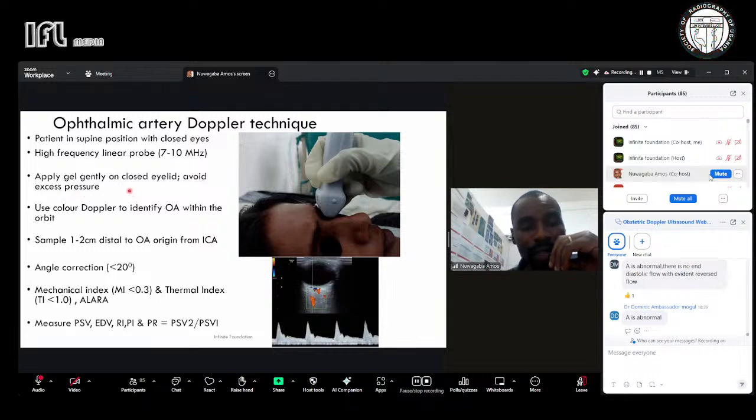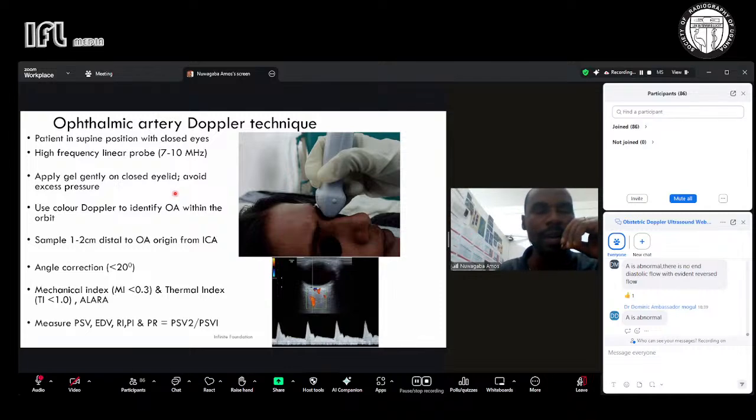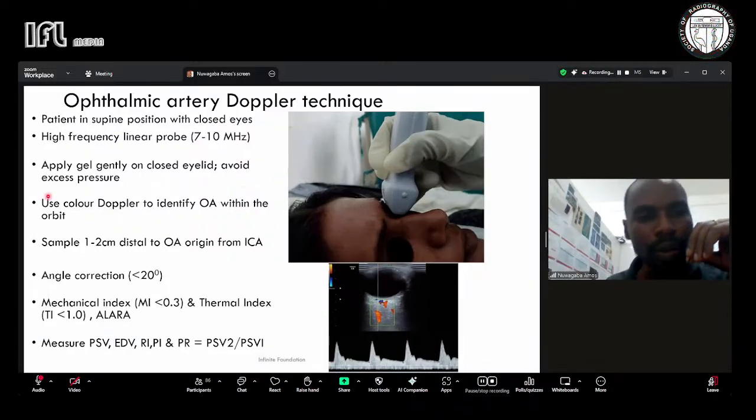A lot of pressure, just like in the middle cerebral artery, can iatrogenically increase the intraocular pressure. It is the same technique as when we are assessing the middle cerebral artery, where you want to avoid exerting pressure because that increases the pressure within, not because of a change in the hemodynamics, but because of the technique of applying a lot of pressure.